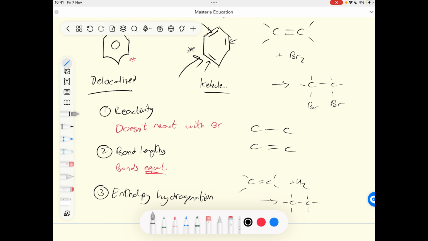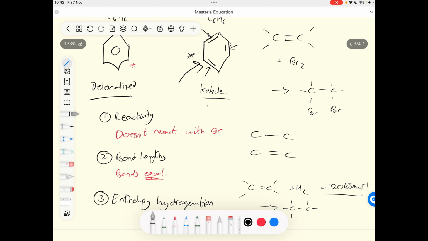Now, the enthalpy of hydrogenation for an alkene, like ethene for example, is about minus 120 kilojoules per mole. The exact number isn't super important, but you just need to know that it's exothermic. What we'd expect for Kekulé's model, therefore, is it would be 3 times that, because there are 3 double bonds here. Each double bond is minus 120, so we'd expect it to be about minus 360 kilojoules per mole.